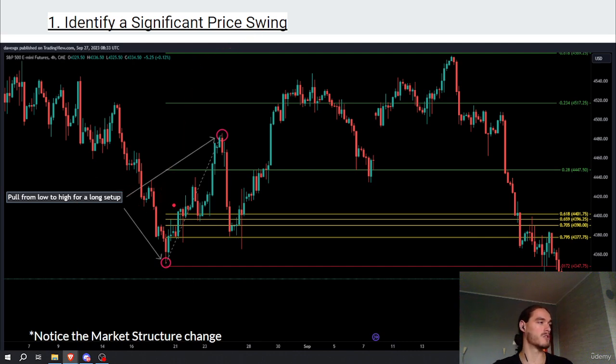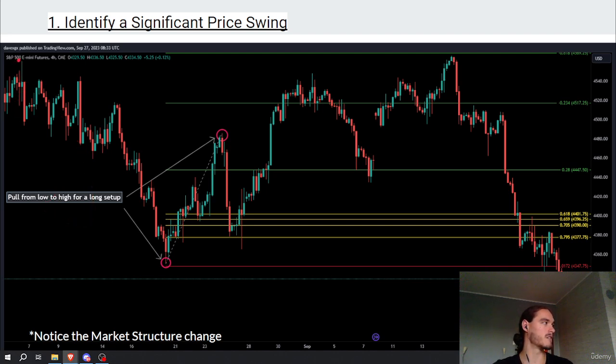Also, this strategy works really well with market structure confluence. So market structure and the Fibonacci ladder strategy work really well. So you have your market structure here.